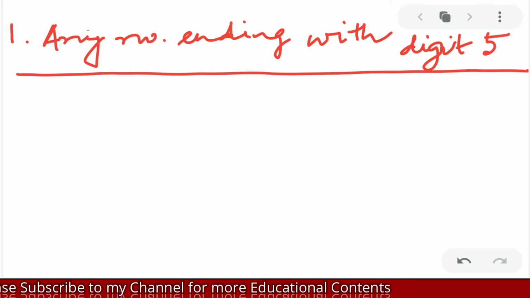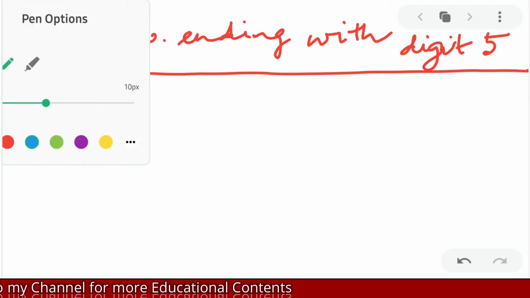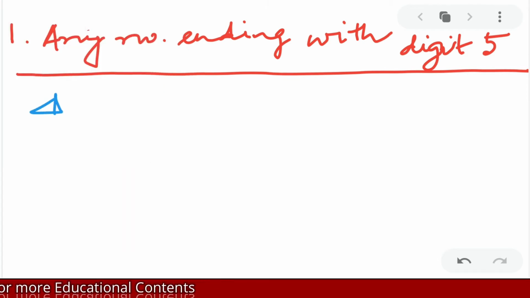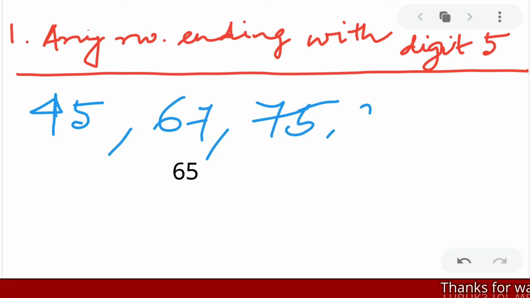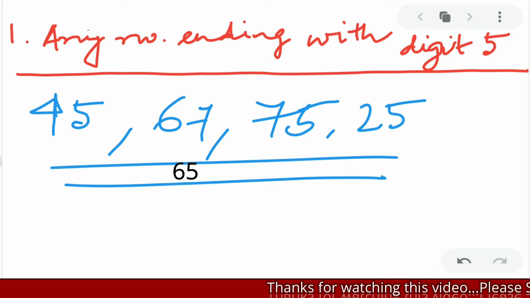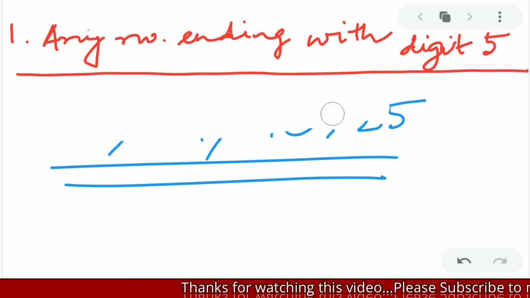Now what does this mean? Like the numbers 45, 65, 75, 25. In these particular cases, how do we do the square of these numbers?